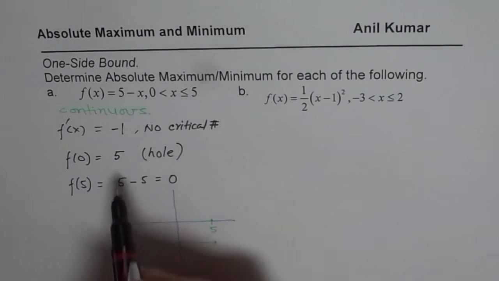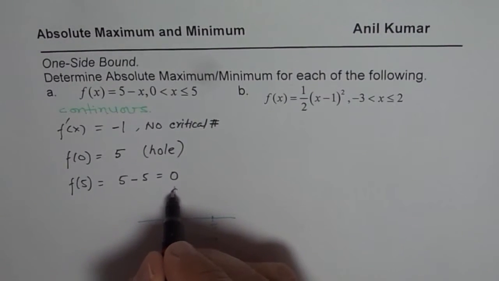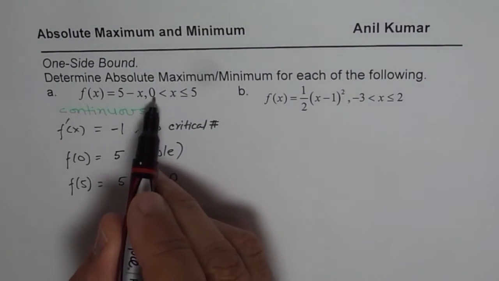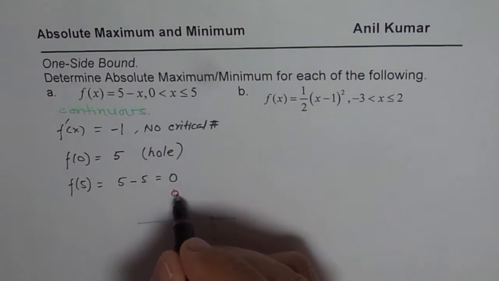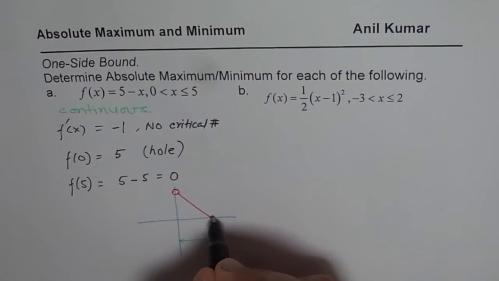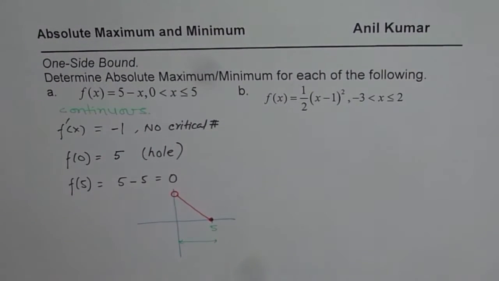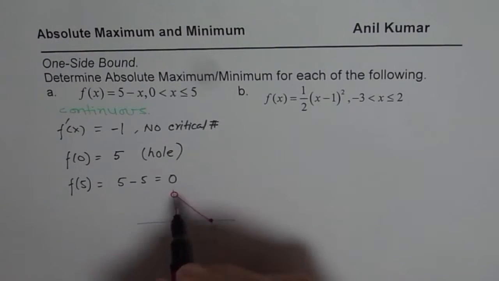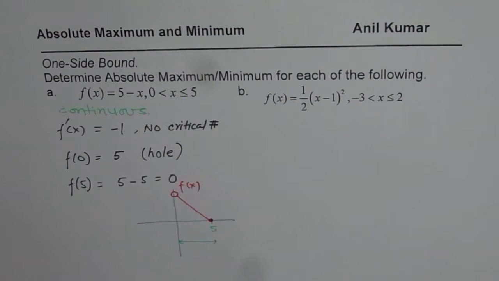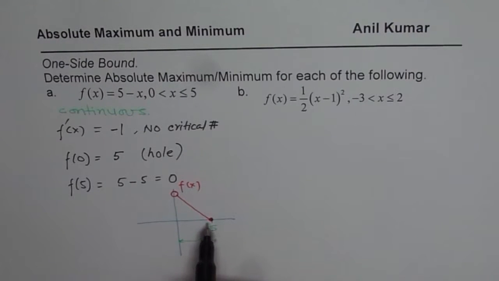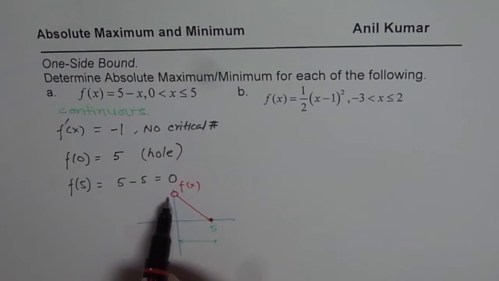At 0 the value is 5, so I'm putting a hole there since this value is not included, and at 5 the value is 0, so this value is included, so I'm making a filled-in circle. So that is the graph of f of x. Clearly from the graph you can see we have only one value, which is absolute minimum. We do not have absolute maximum value here, right?